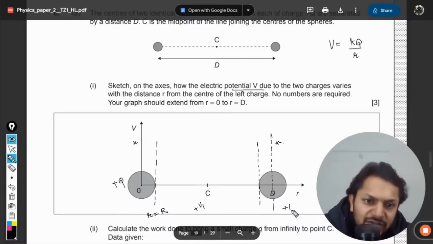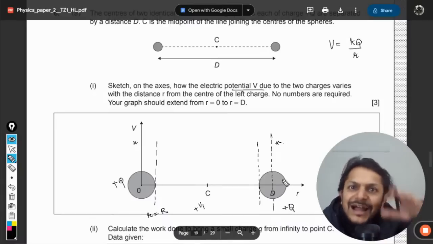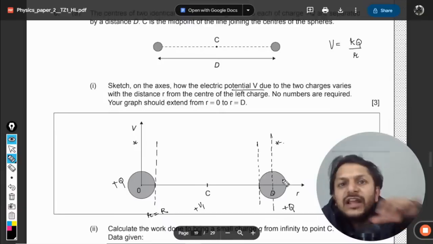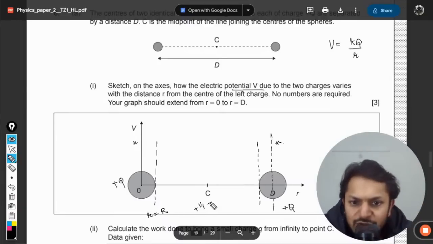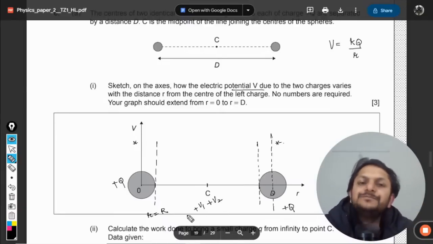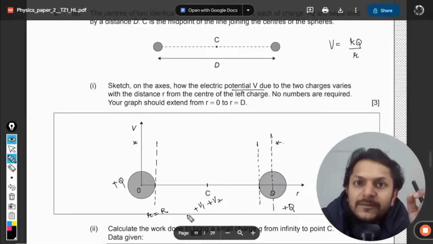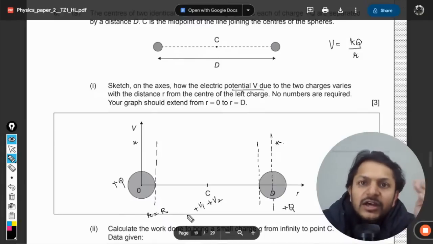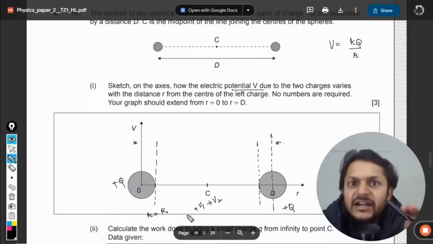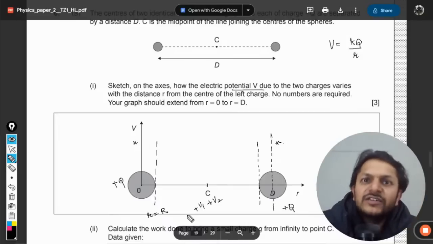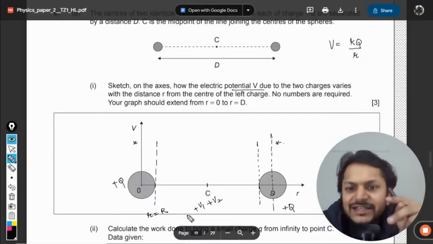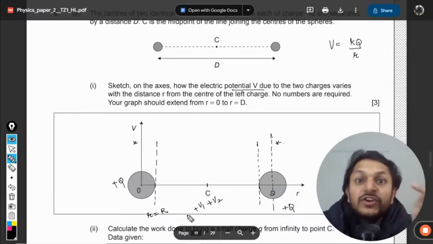The second sphere is also a positive charge, so even that is casting positive potential everywhere, so it is going to create a positive potential at this point. Now, potential is a scalar quantity, although it can have two signs, either positive or negative. Negative charge will create negative potential, and positive charge will create positive potential. In this case, both charges are positive, so V1 and V2 are positive.